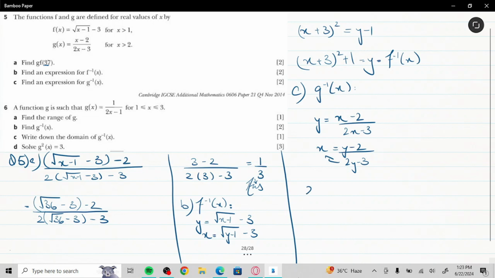Multiply by (2y minus 3): 2xy minus 3x is equal to y minus 2. So that will give us 2xy minus y is equal to 3x minus 2, and make y the common factor: y times (2x minus 1) is equal to 3x minus 2, and y is equal to (3x minus 2) divided by (2x minus 1).